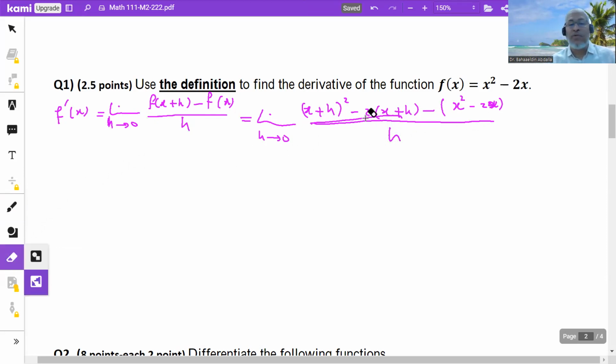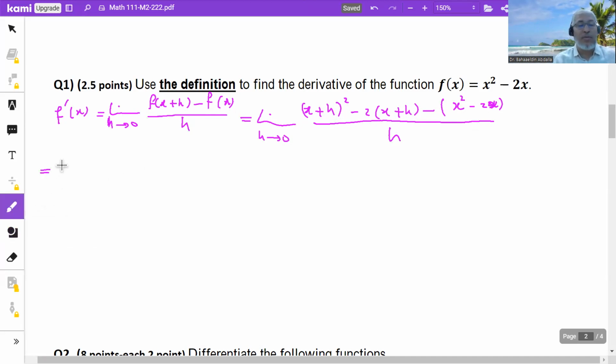Okay, now I will simplify. Keep the limit there. x plus h squared, when you expand, you have x squared plus 2hx plus h squared. Expand, so minus 2x minus 2h, minus 2 is multiplied by these two.